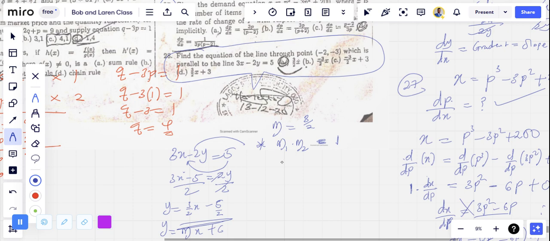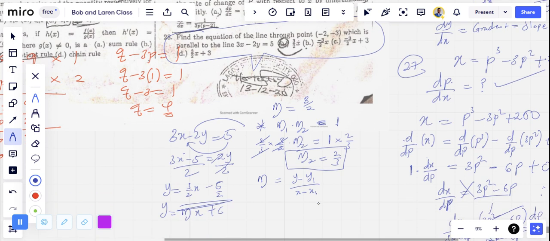The first gradient I got is 3 over 2. Now let's get the second gradient for the parallel line. I'll just multiply both sides by 2 over 3 to be on the safer side. That's faster. 2 cancels 2, 3 cancels 3. So my second gradient is 2 over 3. Since I've gotten my second gradient, I'll go ahead and use this point. I remember that my gradient is always equal to y minus y1 over x minus x1.